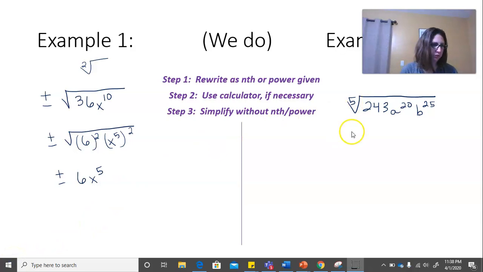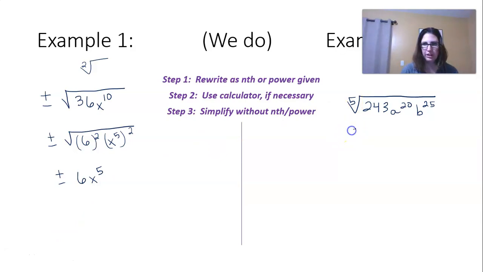All right, so hopefully you took a moment and tried to figure out how to break down 243. Well, it's actually not as bad after you play with it a little bit. So 3 times 3 times 3 times 3 times 3 should give you 243. If you divide 20 by 5, you should get a to the 4th power.